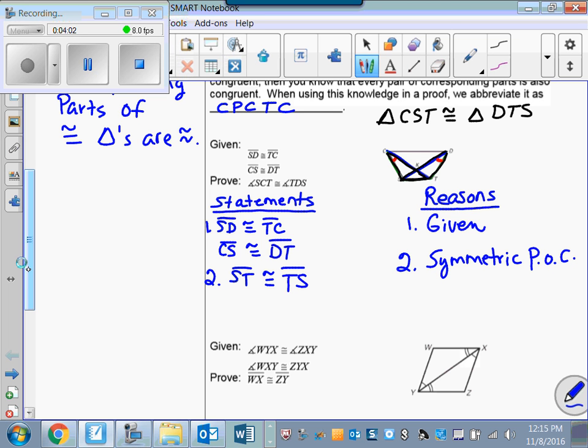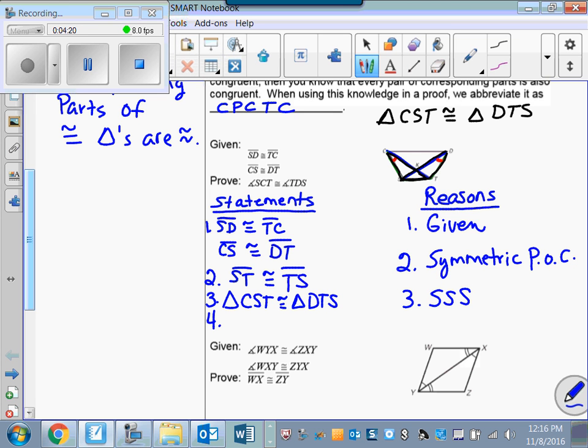All right, so now I have those two triangles just like I wanted. Triangle CST is congruent to triangle DTS by the side congruence postulate.